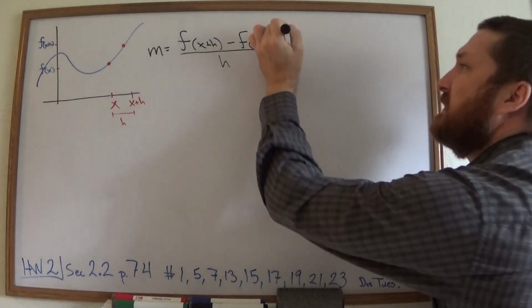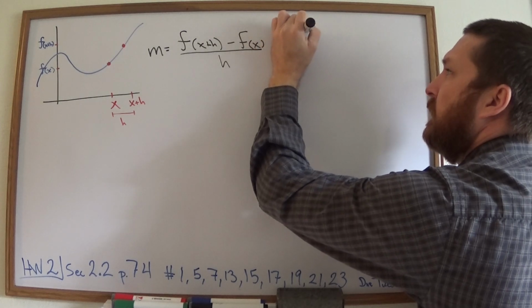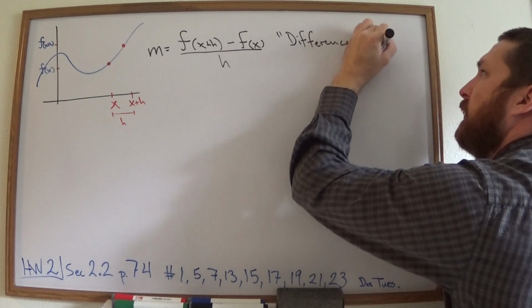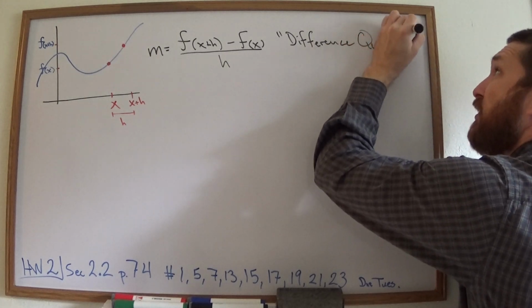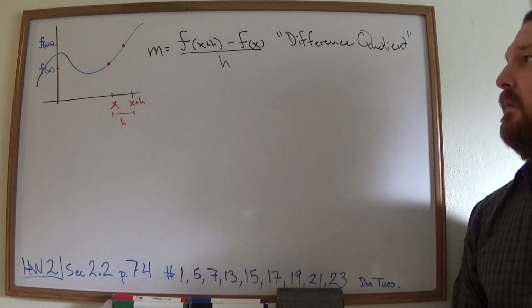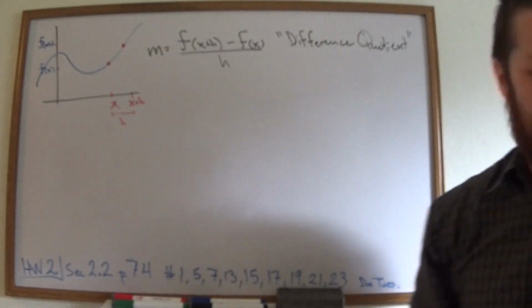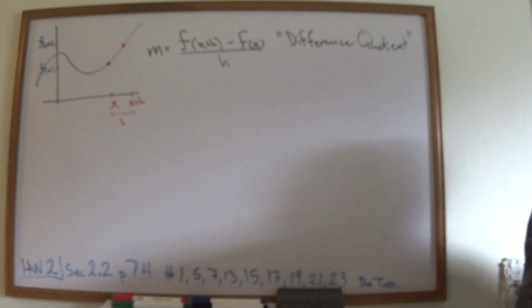This, by the way, is called a difference quotient. There's a difference, and there's a quotient. Okay?